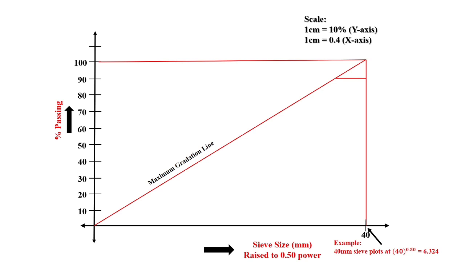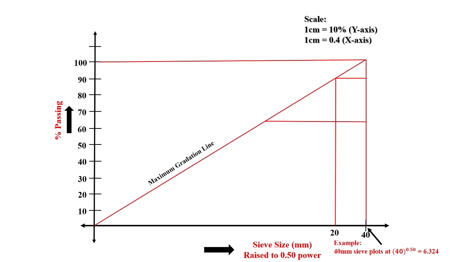We draw a line parallel to the x-axis through this point of 90% passing, and wherever it cuts the maximum gradation line, through that point we draw a perpendicular, which on meeting the x-axis gives the 20 mm sieve plot.